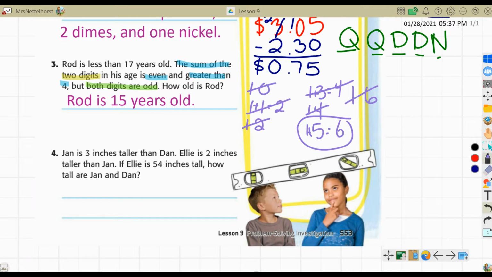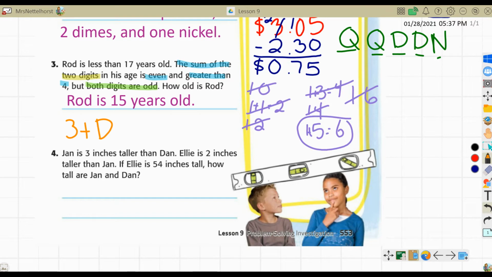So I'm going to pick a totally new color here. Let's see. Pick orange. Not one of my favorites, but it'll work to make it stand out. Okay, so Jan is 3 inches plus Dan. Okay.